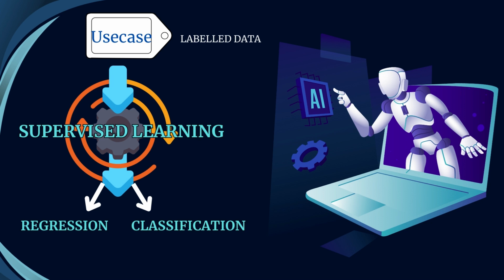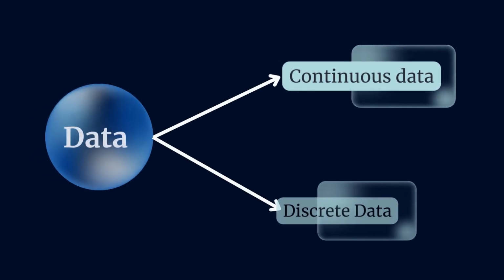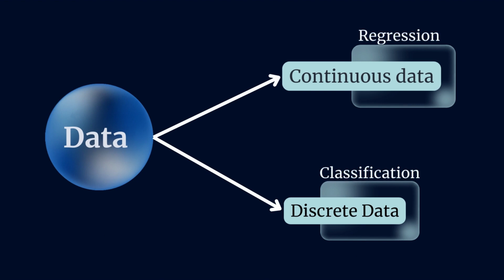For understanding regression and classification, you need to understand the types of data, because regression works for continuous data and classification works for discrete data. So what is continuous data and what is discrete data? Continuous data is any numerical values.